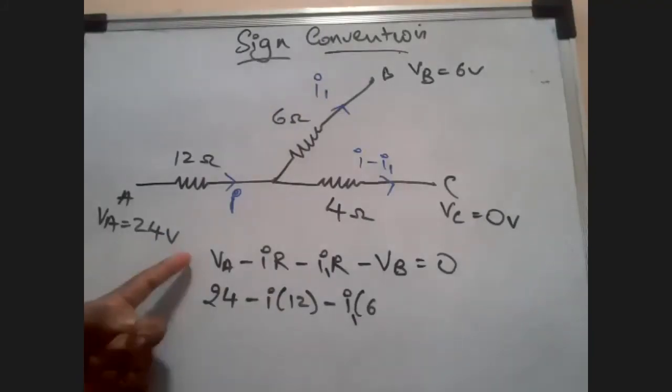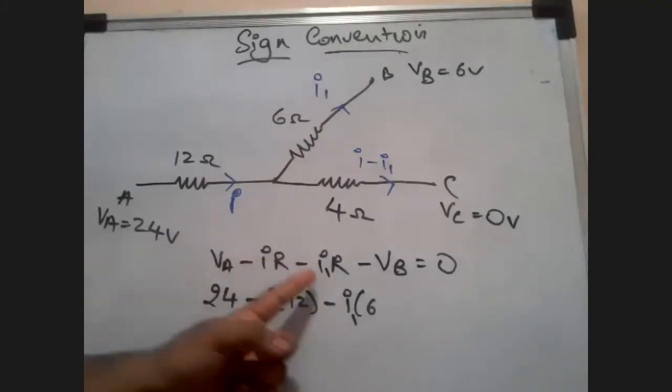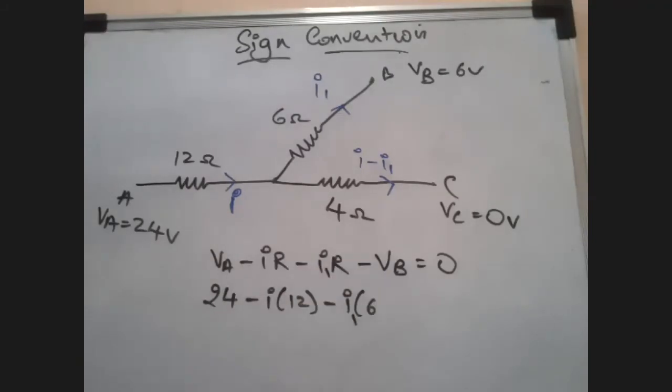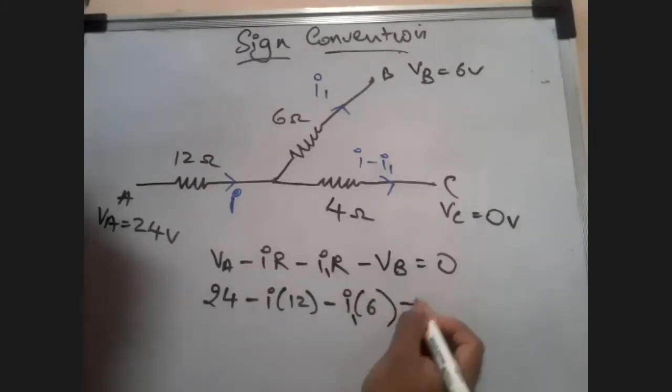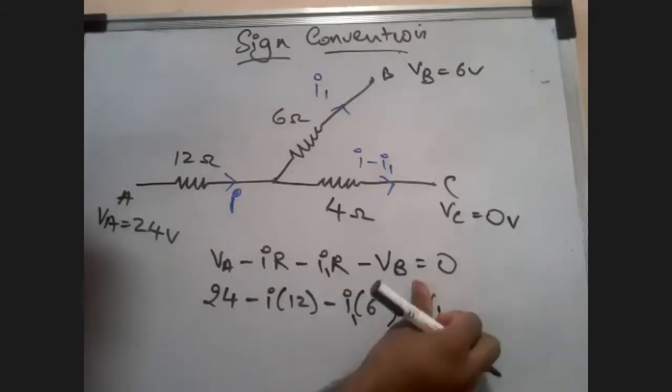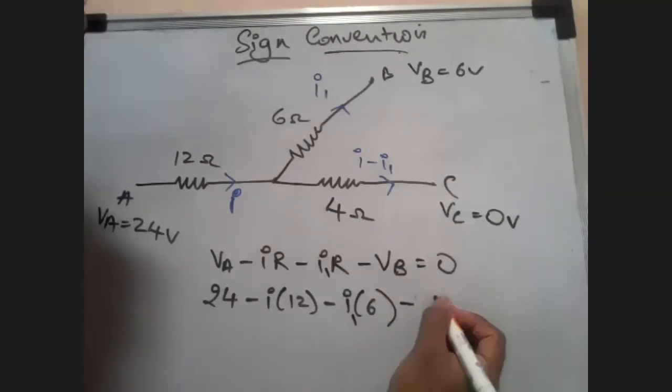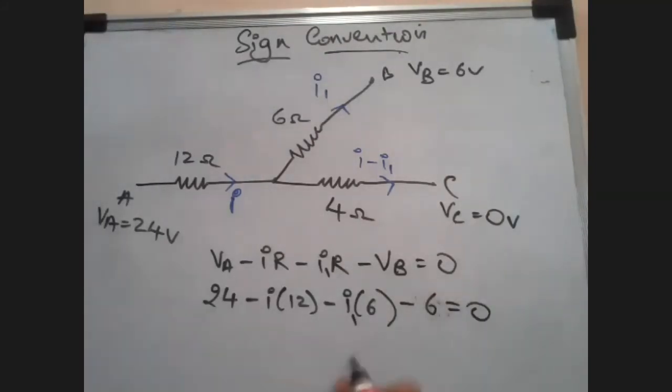So VA minus IR minus I1R minus VB equal to 0. So 24 minus I times 12 minus I1 times 6 minus VB equal to 0. And VB is 6. Tell me what we get with this.